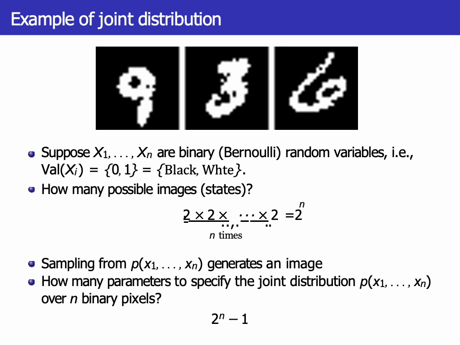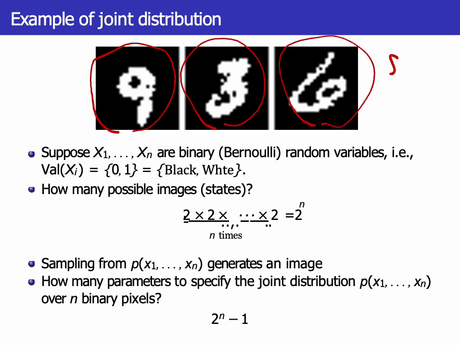For example, we want to talk about black and white images with figures. This is 0, 1 black and white Bernoulli random variables with n by n pixels. So how many possibilities of these images are there? That is simple.